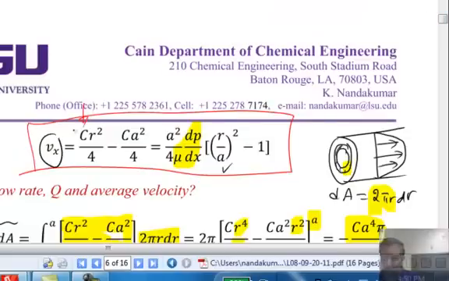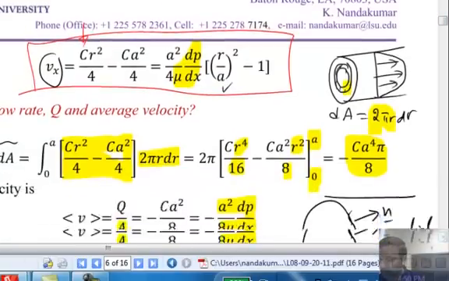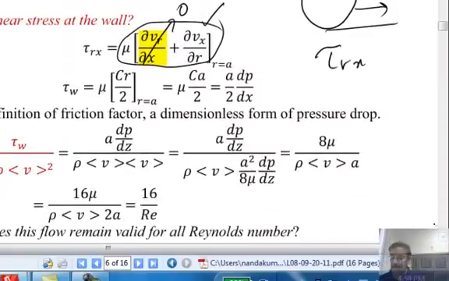Take the derivative of this with respect to r and evaluate it at any cylindrical surface that you want. So here it's at r equal to a. So that tells you that the shear stress at the wall is directly proportional to the pressure gradient. That is the force that you need to apply to the pipe to hold it in place when you are pumping a fluid. Okay, that's the force that the moving fluid will exert on that particular wall.